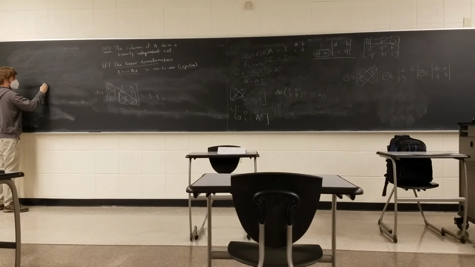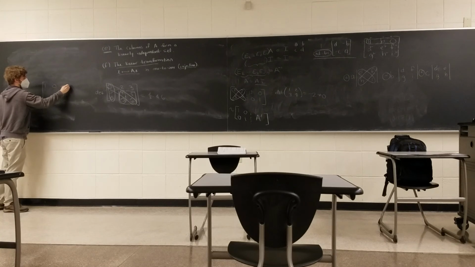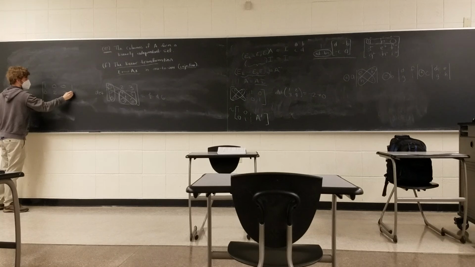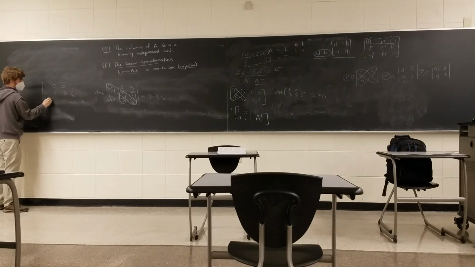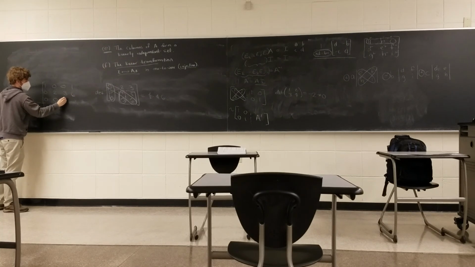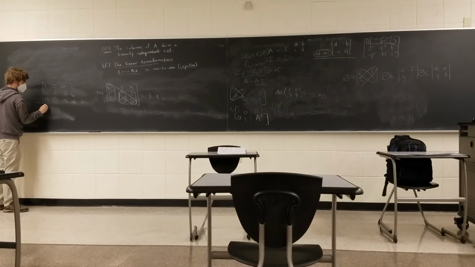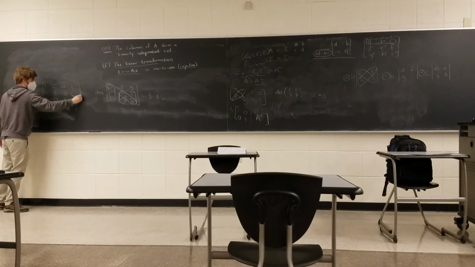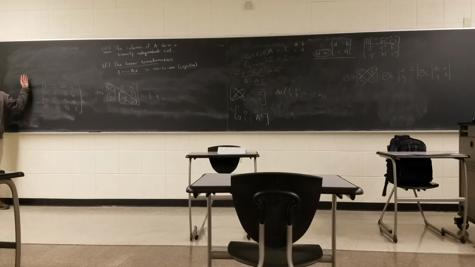Let's do it. 1, 2, 0, 1, 0, 2, 3, 6, 0, 0, 5, 4, 1, 1, 1. Triangle, where is it? 0, 0, 0, 1. Immediately I look at this thing and I know it's invertible.